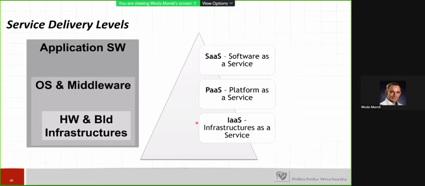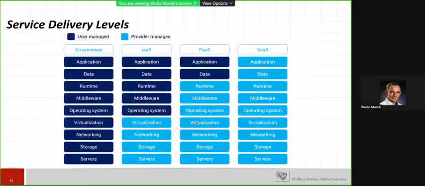Or we can get the whole platform as a service, so we only put in our application, or we can completely rely on everything. We can only use our data on somebody else's applications. So that is, I would say, a more structured way.